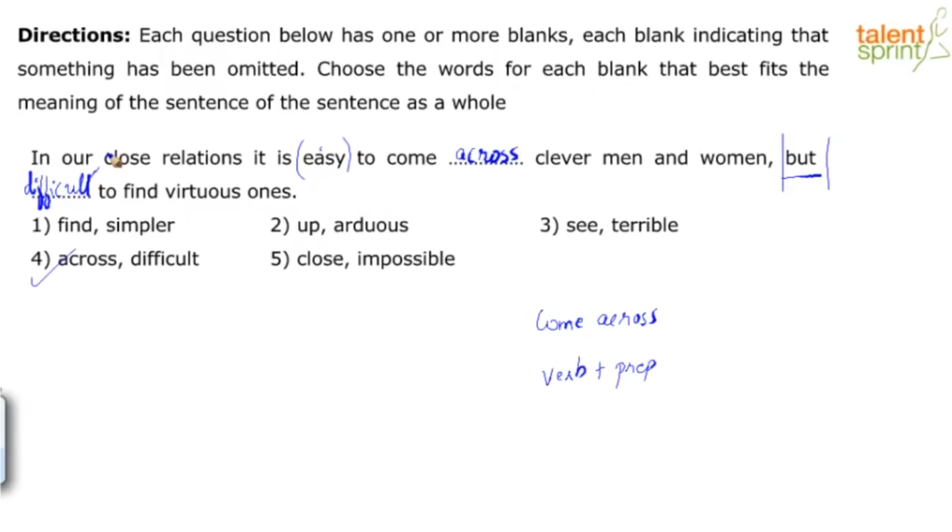So, a couple of other things that you can do is also pay attention to hint words, right? Hint words that give cause and effect, or in this context, but obviously is giving you a contradiction meaning, right?